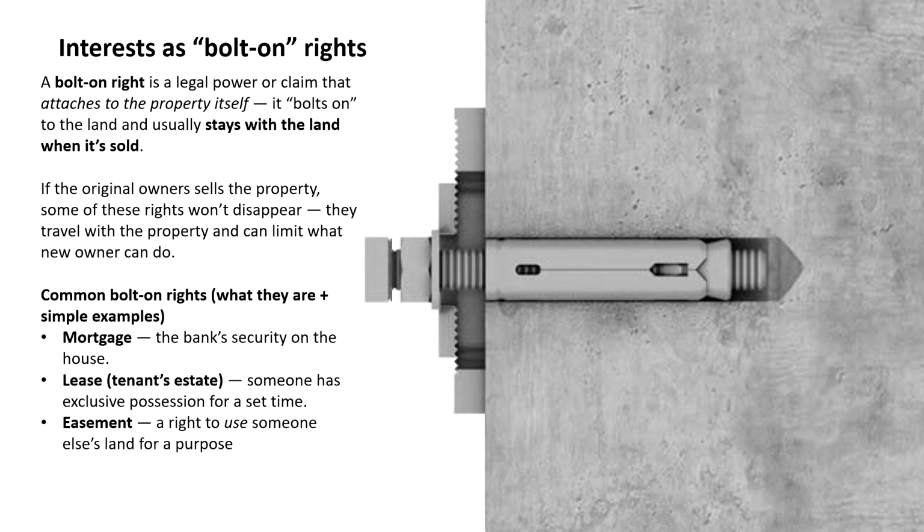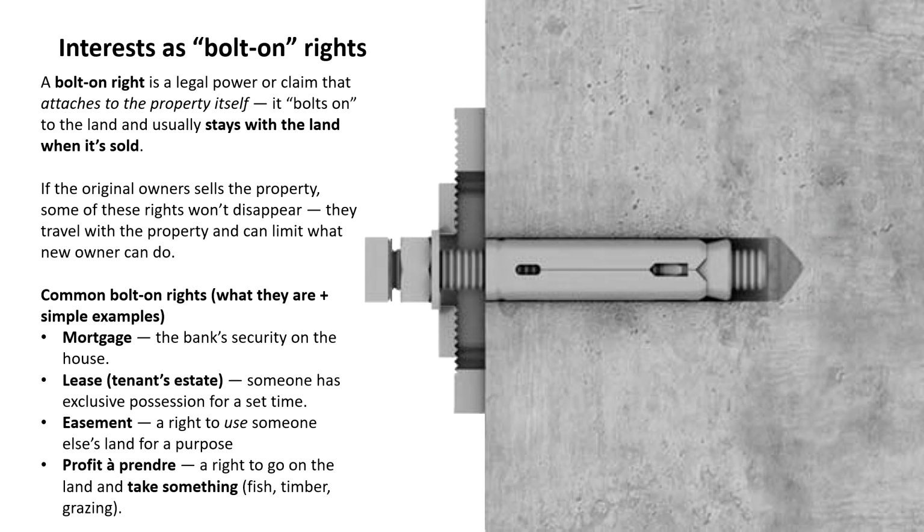For example, you can use someone else's land to get to the main road, so a right of way could certainly attach to the property. And you might remember from last session we spoke about profits à prendre.